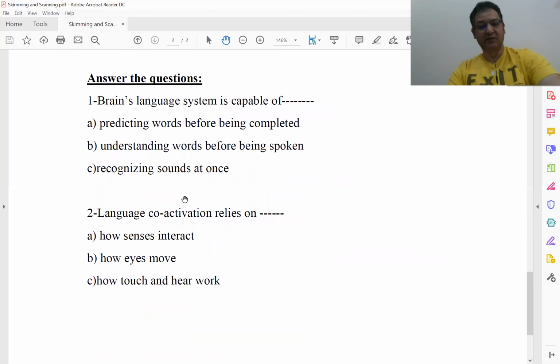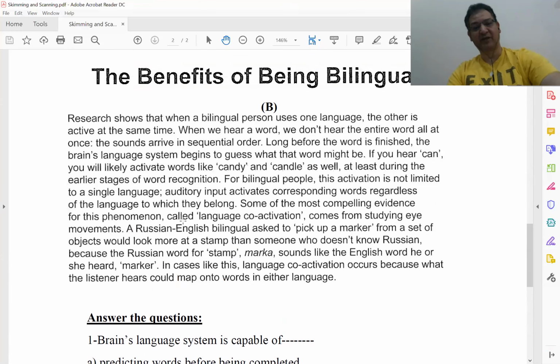Let's go to question number 2. Language co-activation relies on. So I have to use scanning to get these specific words. Language co-activation. I remind myself, language co-activation, until I reach the word in the text.